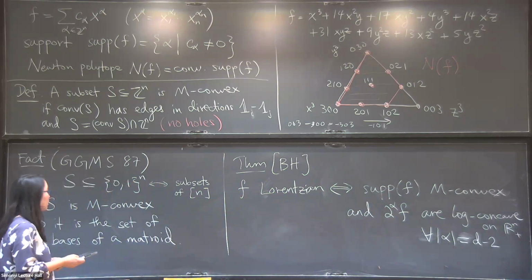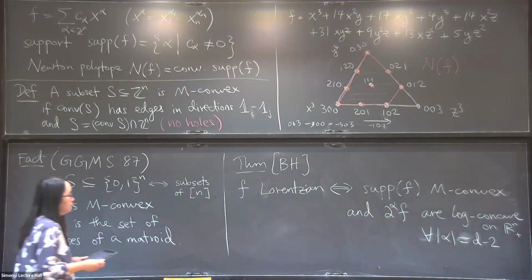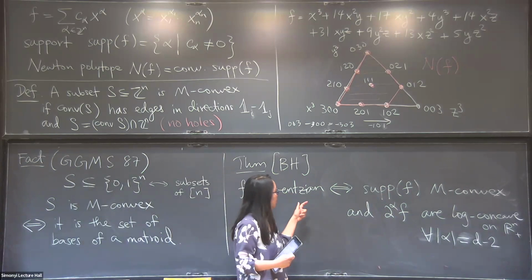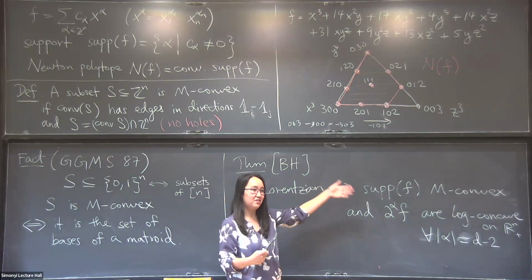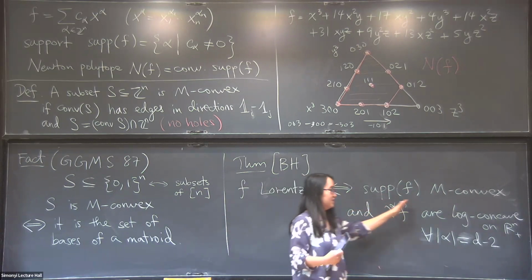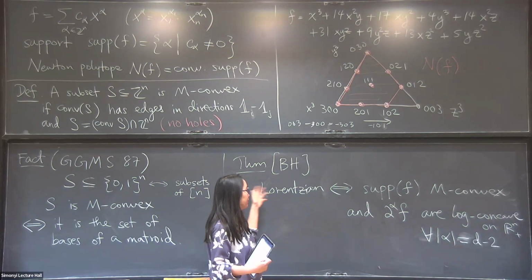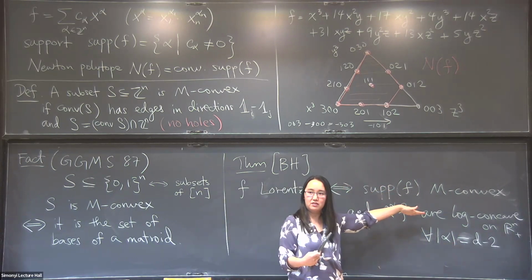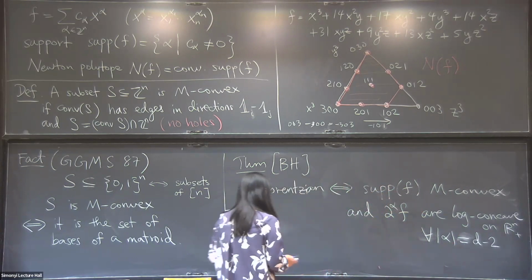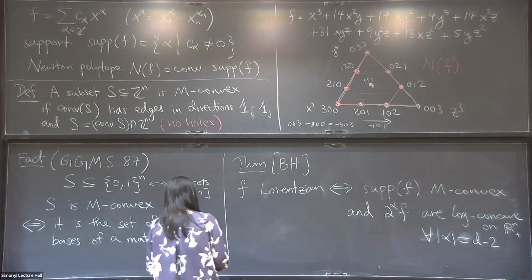I want to go through a proof of one direction, the forward direction. The second condition follows from the definition. So I want to prove that if F is Lorentzian, then the support is M-convex.